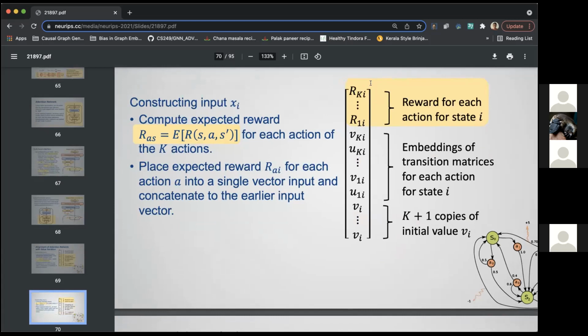These rewards are the expected rewards for a given action A and a state S. So we have K actions, and for each state i, we look at the expected reward R(s, a) of taking the action a, from 1 to K, from a state i.